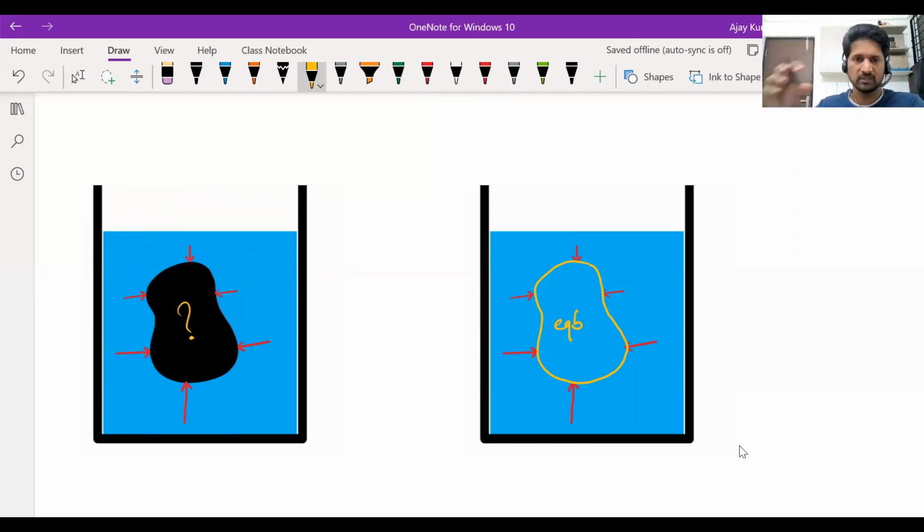So when you immerse some other material in water or liquid, it may stay there, it may sink, it may rise. We can't say. But if that space is filled with the water itself, or the same liquid, why will that liquid sink or float or do anything? It will stay there only, it will be in equilibrium. What does that mean? The forces surrounding this boundary are keeping it in equilibrium.